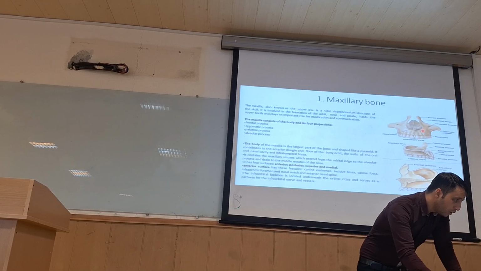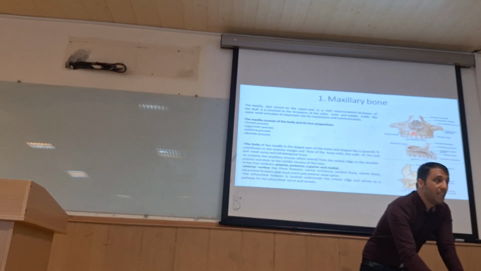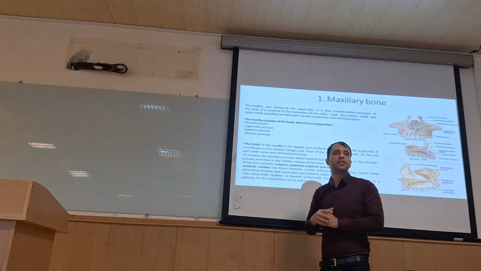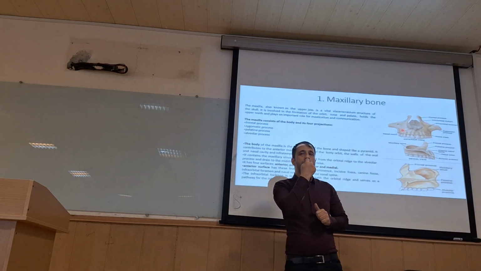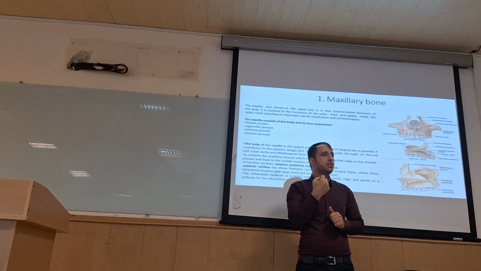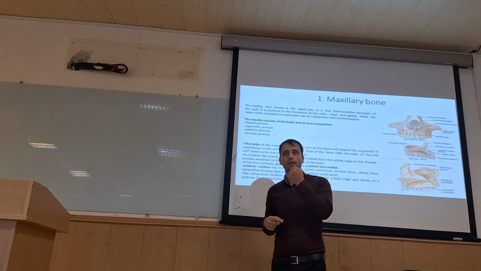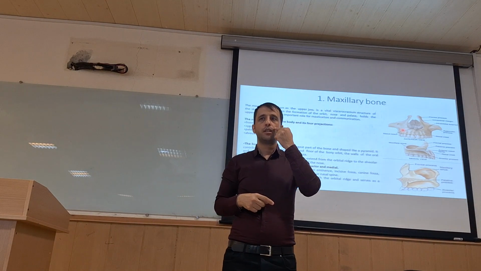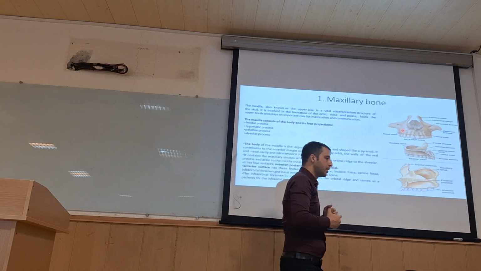Then, after the infraorbital foramen, I can see some fossae and some eminences, which are related to the roots of the teeth. Superior to the incisive teeth, do you know the names of the teeth? Incisive, canine, premolar, molar. Yes.